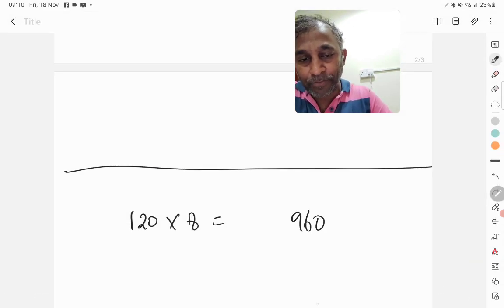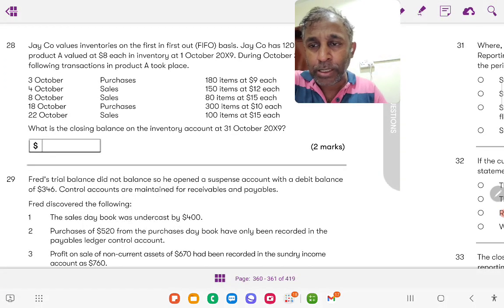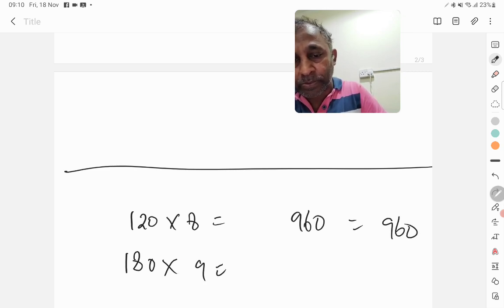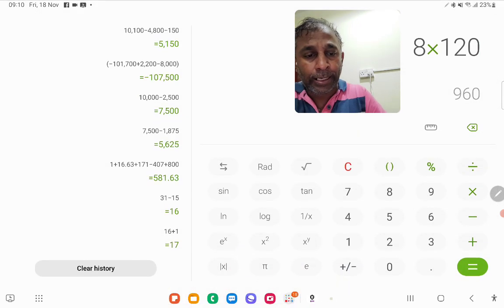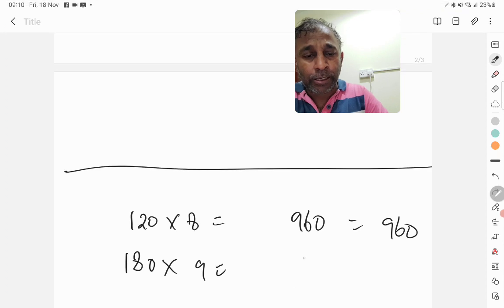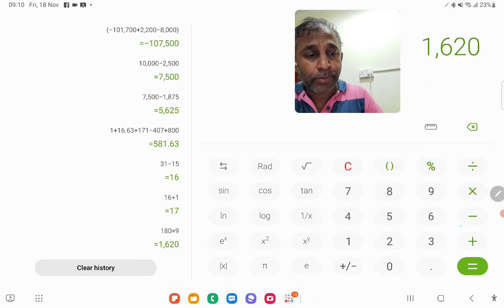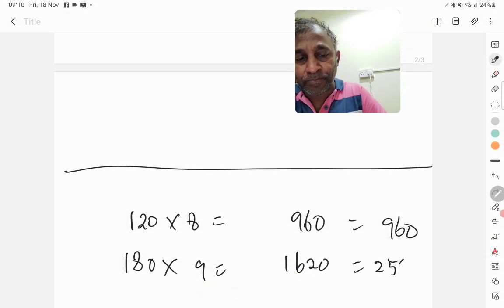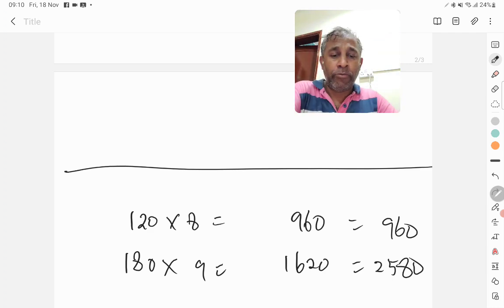That's correct. Now what happens? We purchase 180 items at 9, so 180 into 9 is 1620. Plus 960, that makes 2580. The total is 2580.